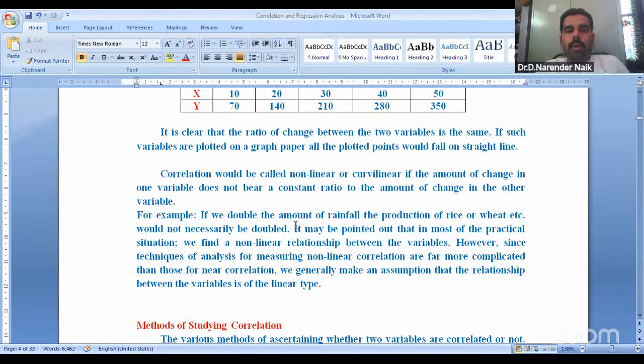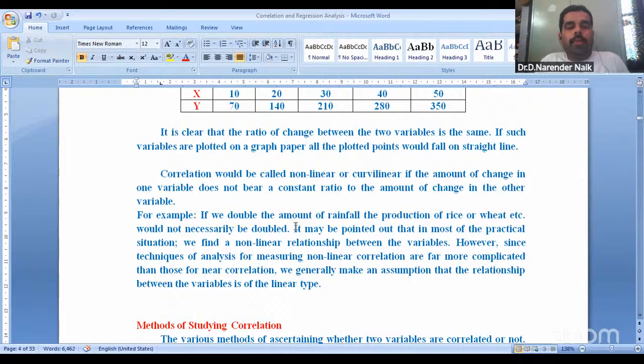In the linear example, x is 10, 20, 30, 40, 50 and y is 70, 140, 210, 280, 350. If this type of situation is not repeated, then we call it a non-linear or curvilinear problem.